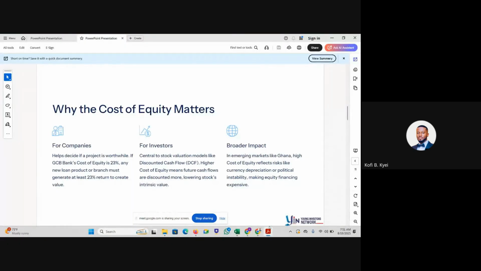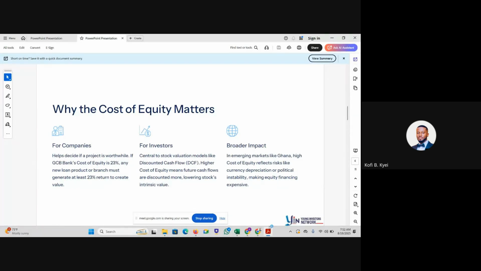Please, if you have a question, when we get to that stage, you can ask so that we can make progress. So higher cost of equity means future cash flows are discounted more, lowering the stock's intrinsic value, as we saw. In emerging markets like Ghana, high cost of equity reflects risks like currency depreciation and political instability.